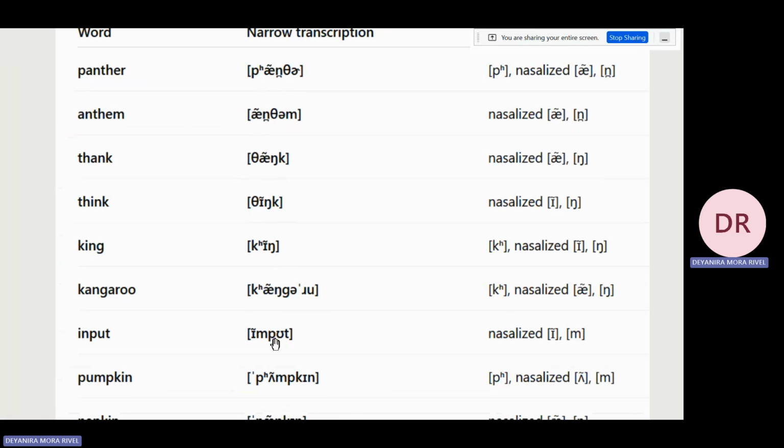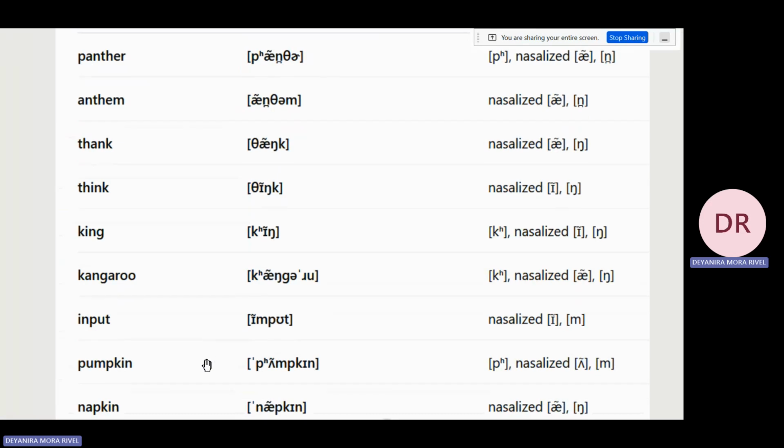Input, I just want to show you here that input, which has the prefix in, is going to be pronounced as an M because it's before a P, which is bilabial. So we're going to change the alveolar N to a bilabial M, which is an allophone of the N, right?